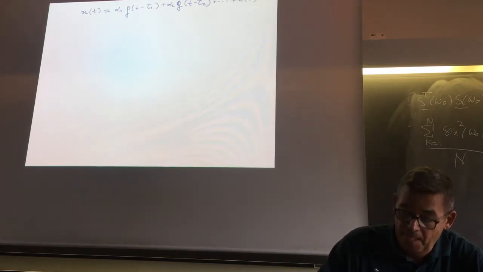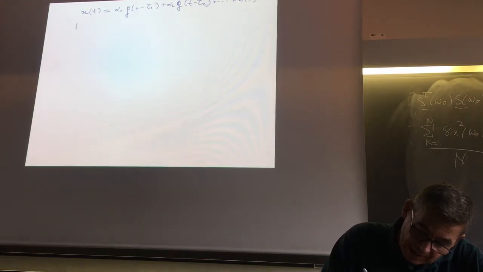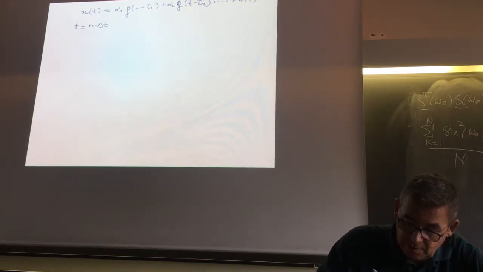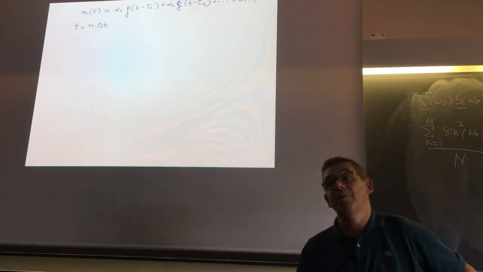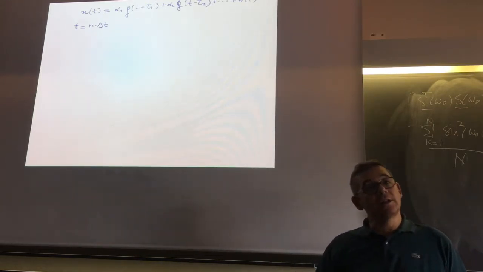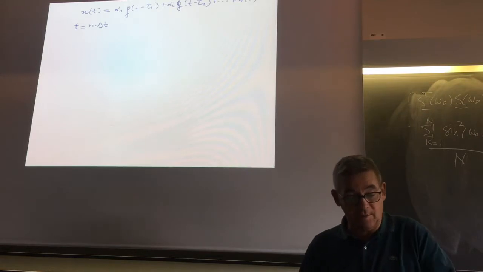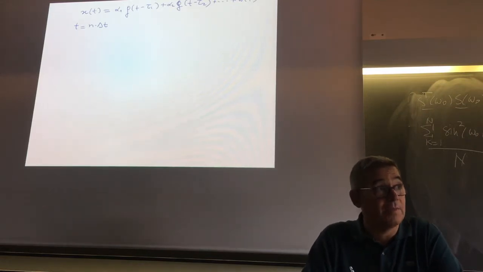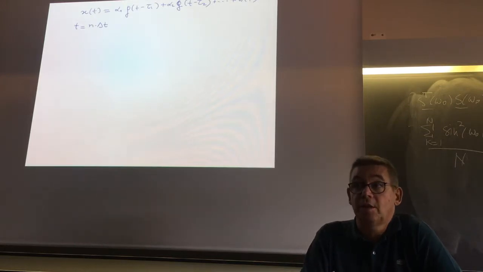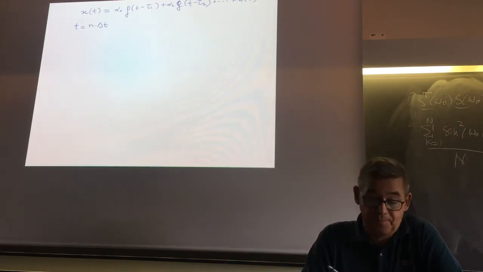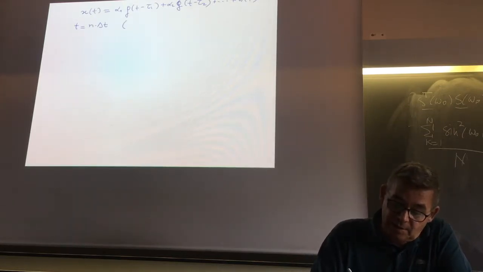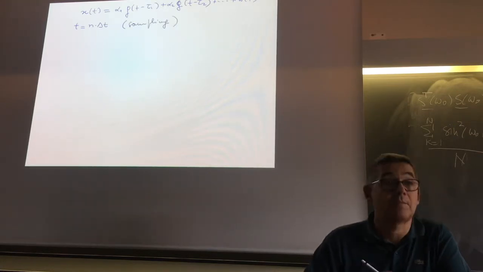Then what I can do is consider t as n delta t. So I take the time at a regular time interval. So what I'm doing is sampling the time.